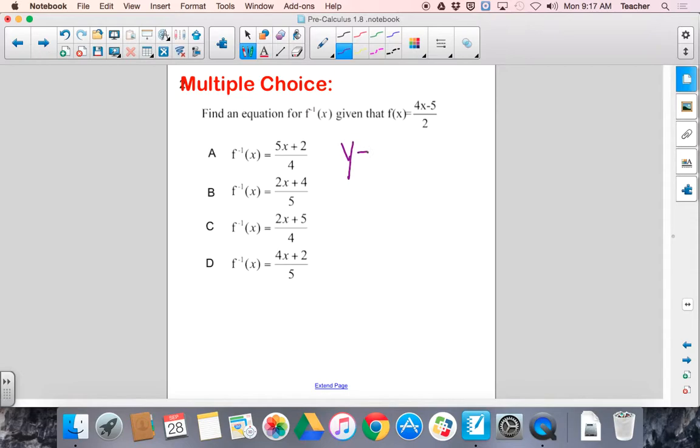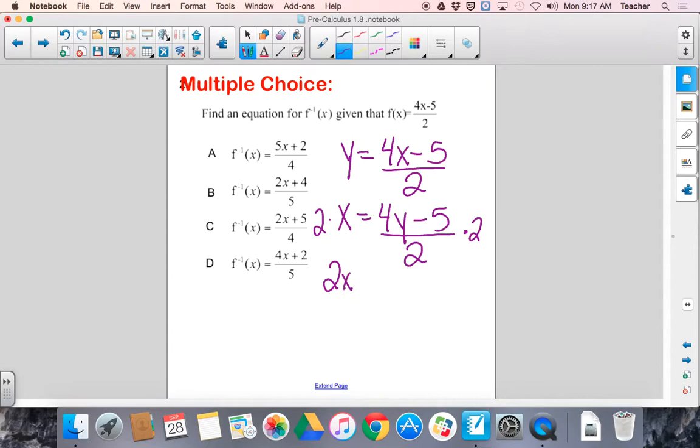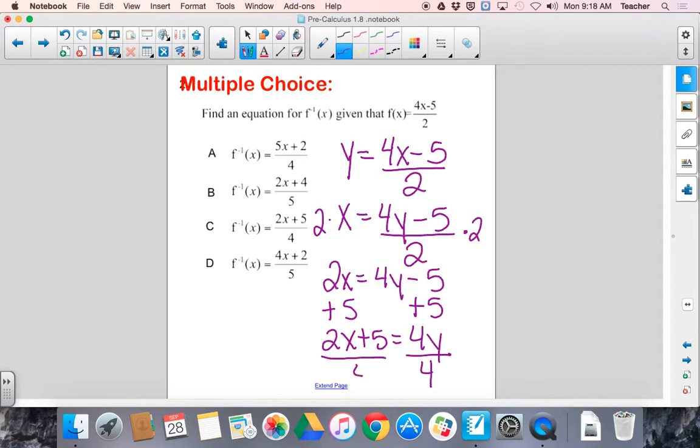You will see the answer worked out for you. And you'll notice that the correct answer is C.